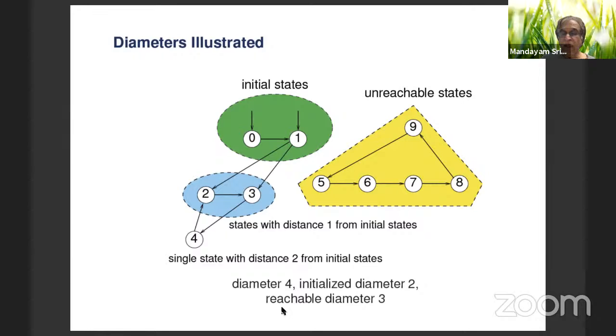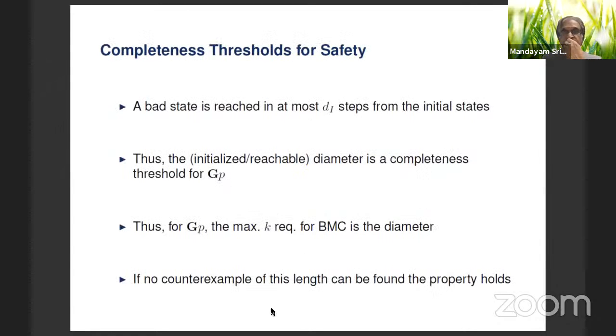These are all properties, metrics of a given transition system. Once a transition relation is defined, you can get these numbers.